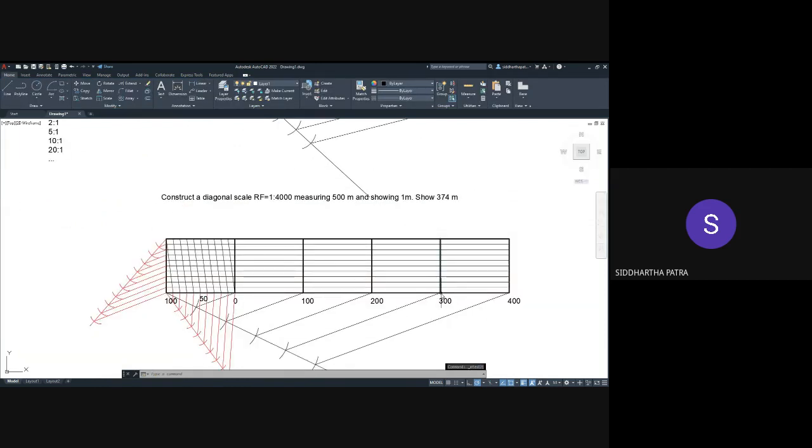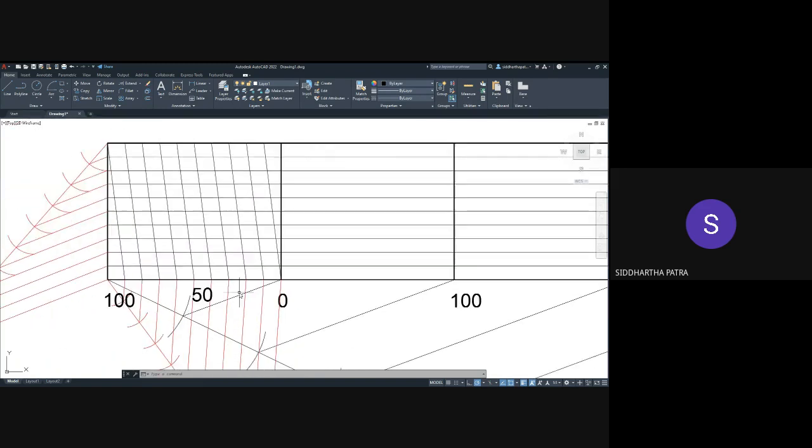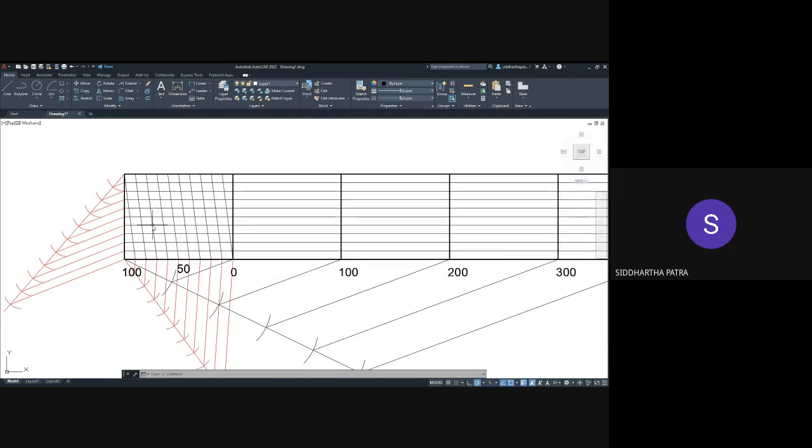If you come from the right, from 300, then you have 300 meters. Now you have to show 74 meters. So on this base, you can go by 7 divisions, that is 1, 2, 3, 4, 5, 6, 7. That would be 370 meters. And then you need to move along this line right here, which corresponds to 70, by 1, 2, 3, 4. Then this much would be 374.